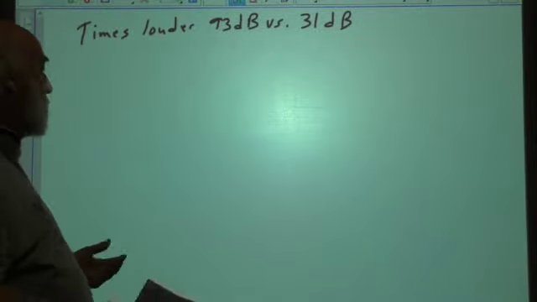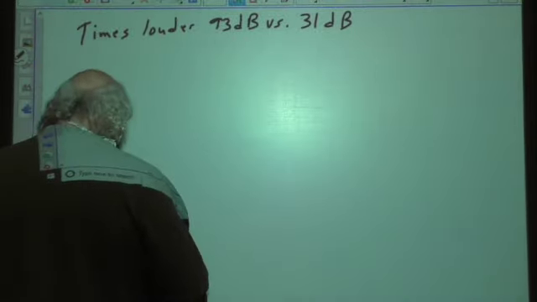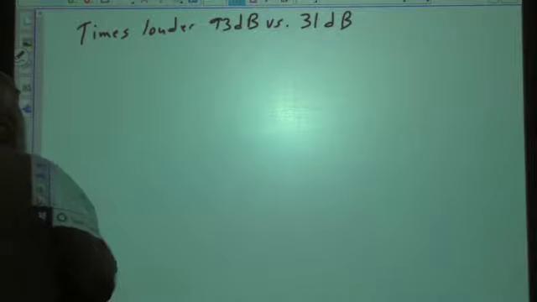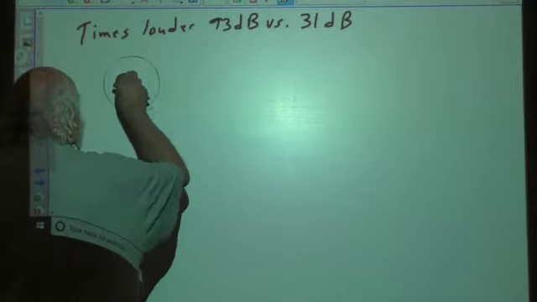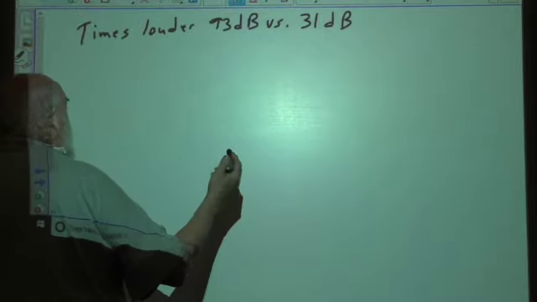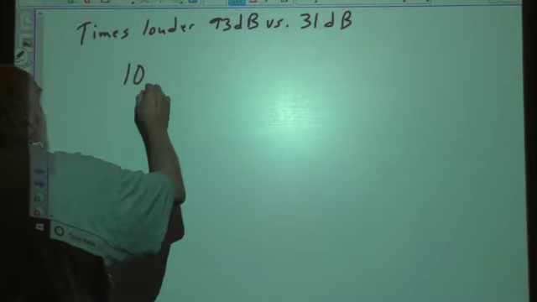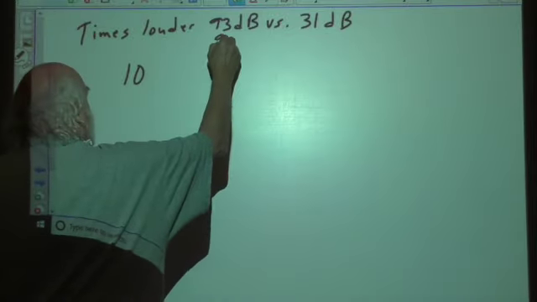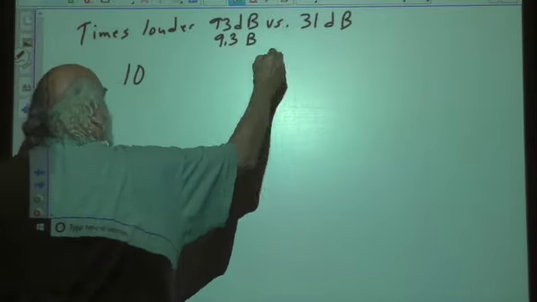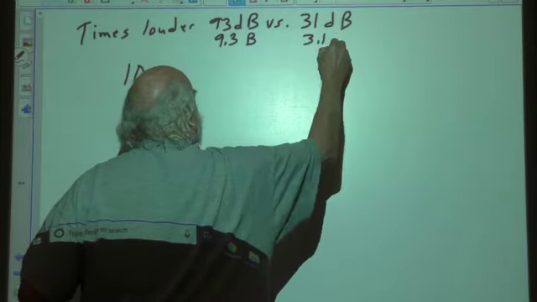It's going to be a lot louder than that. So, as a comparison, when you compare things, you divide the 2 out. So this becomes 9.3 bells, and this becomes 3.1 bells.